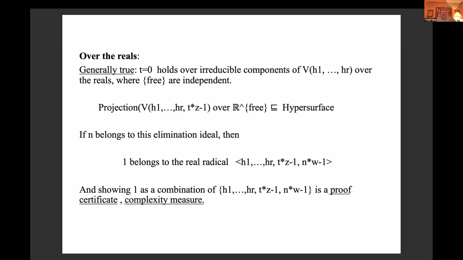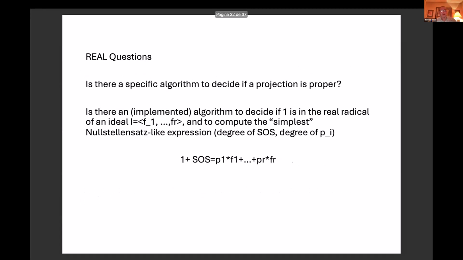So the question is, in Maple, can I compute, as I did 1 in the Gröbner basis, 1 in the real radical? Can I compute in Maple the real radical? This will be very good to import into GeoGebra Discovery.